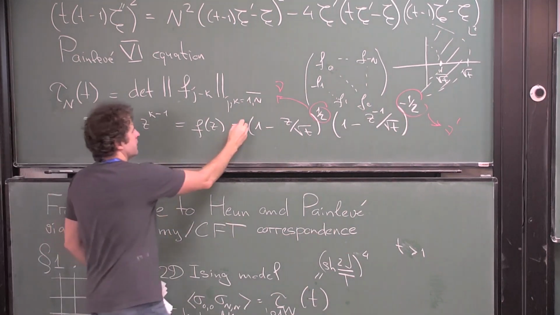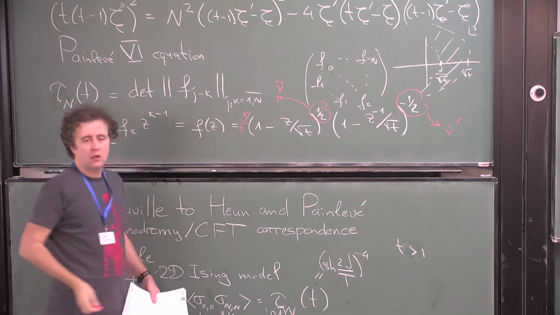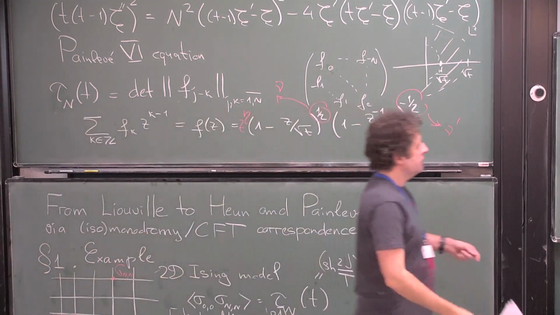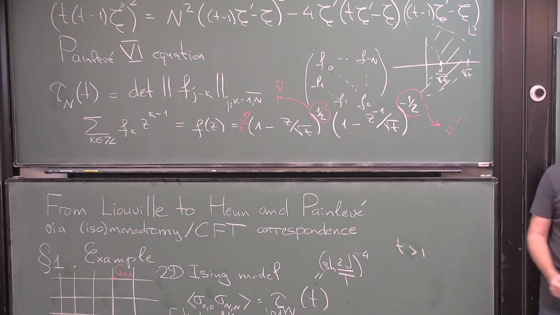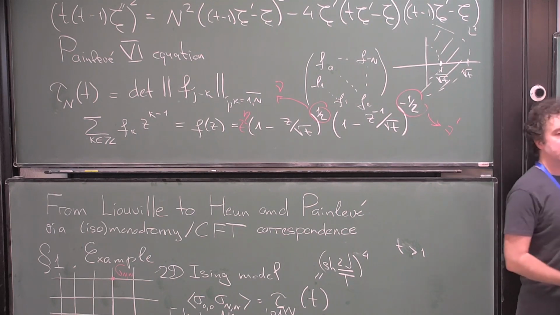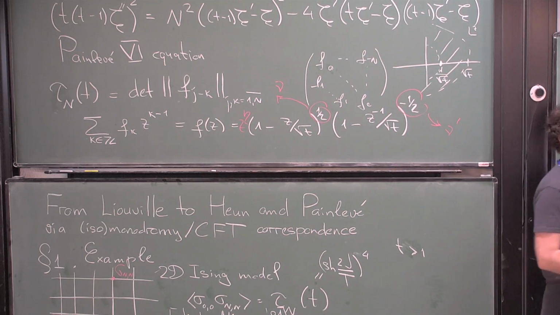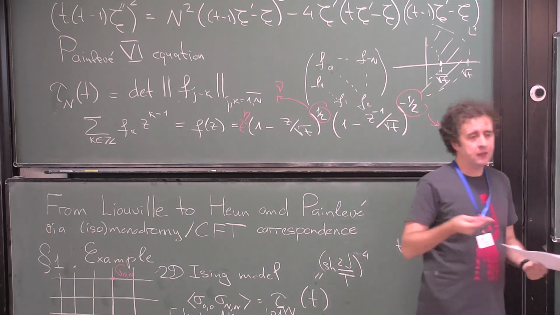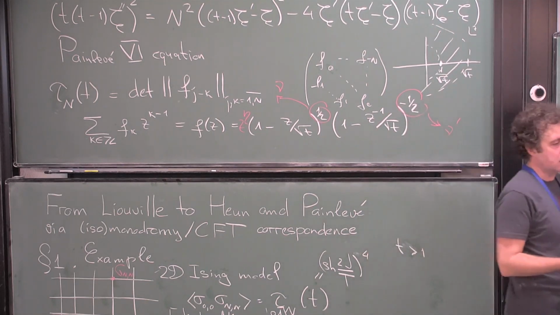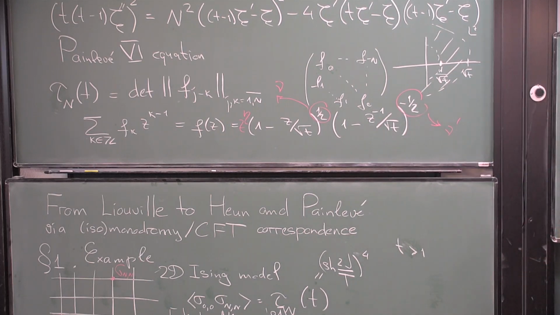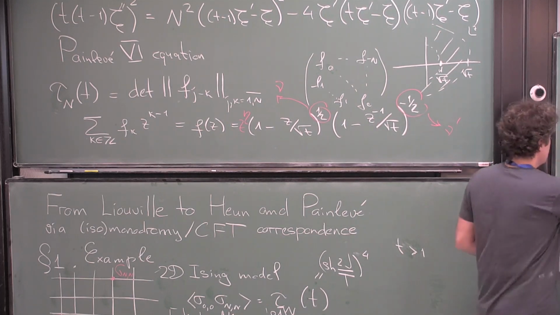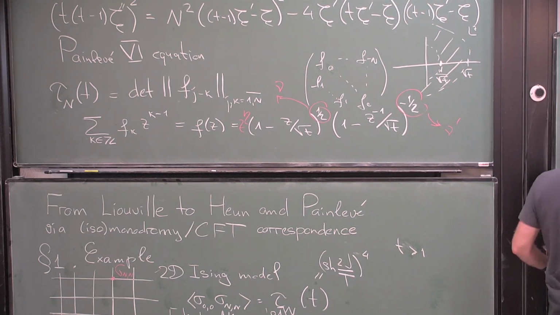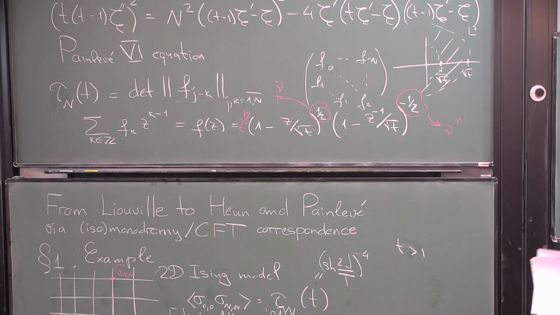You can put here some additional factor z to the eta, but still the corresponding Toeplitz determinant would be, on one hand, a c equal to 1 conformal block, and on the other hand, one can show that it satisfies Painlevé 6. So this kind of results were obtained by people like Okamoto in the 80s. Okay, and so this is the relation that we want to understand and generalize.